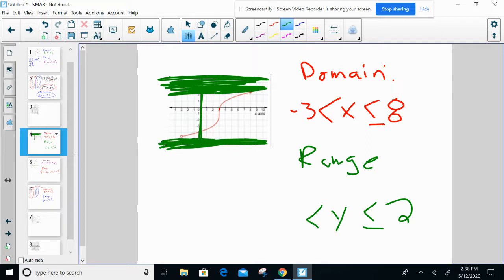There's nothing down here until we hit, I'm going to call that -5. So that means on the y, we start at 2, and we go down until we hit -5.